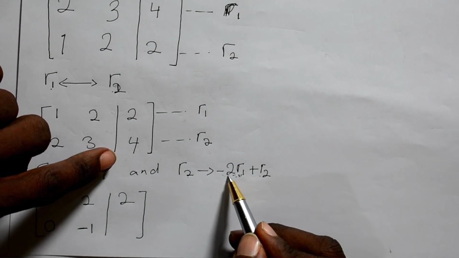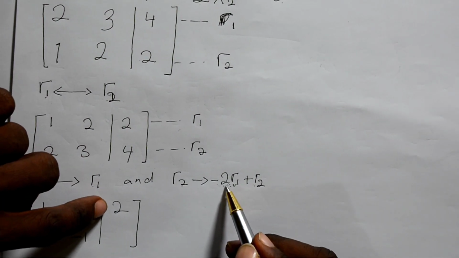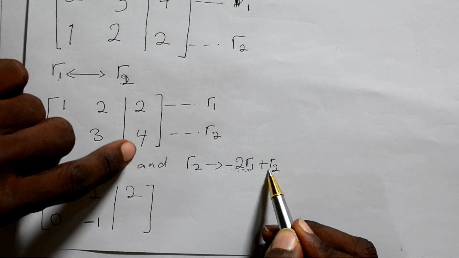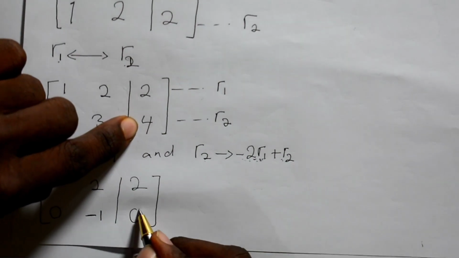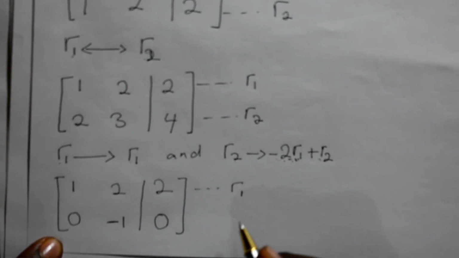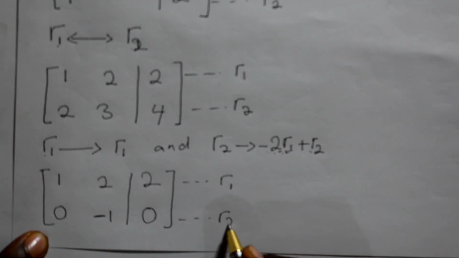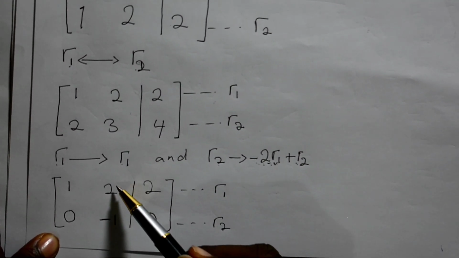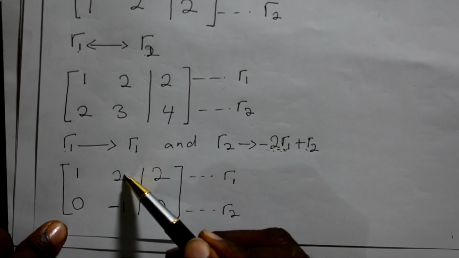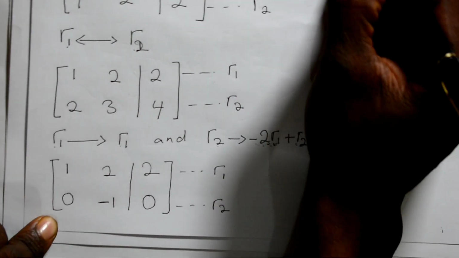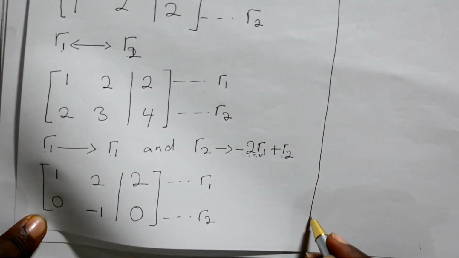And -2 row 1, that means -2 times 2, then plus row 2, that is 4. Then we have 0, that is -4 and 4, 0. Then this is row 1. This is row 2. So now we are going to make this 2 to be 0. And this -1 to be 1. So let's move and continue.